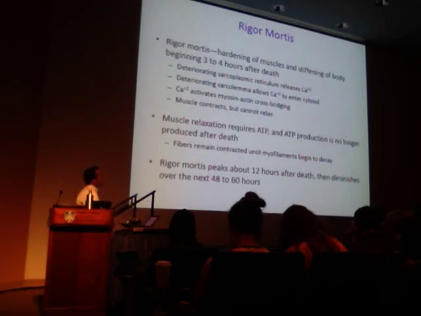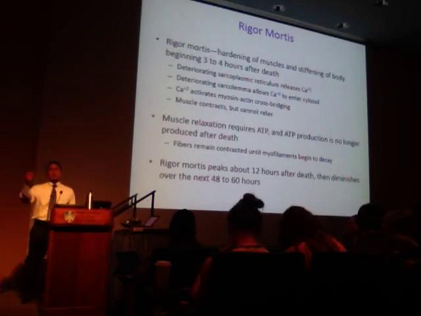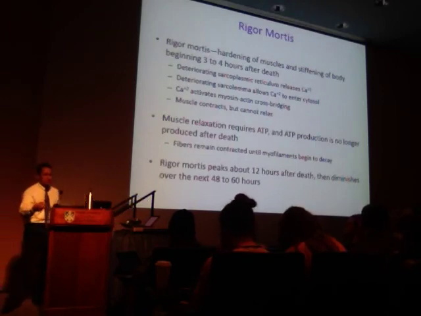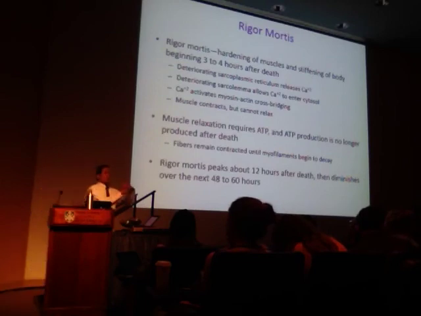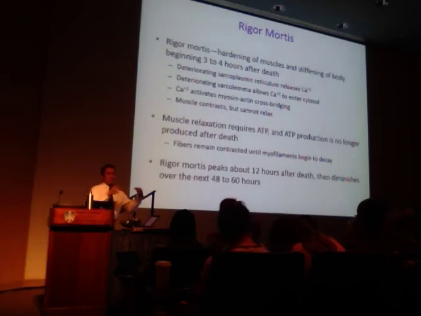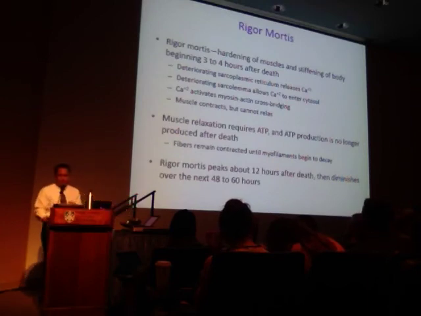The deteriorating sarcolemma also allows calcium from outside the cell to come in. And this calcium availability allows for the muscle cross-bridge to form, but it can't let go because there's no ATP. It's no longer produced after death.